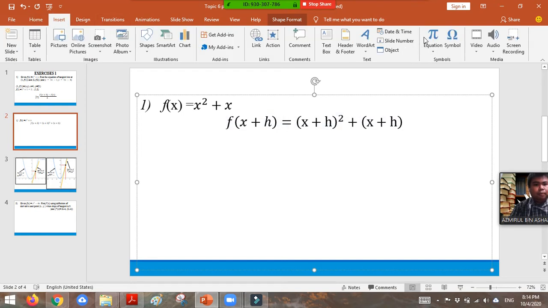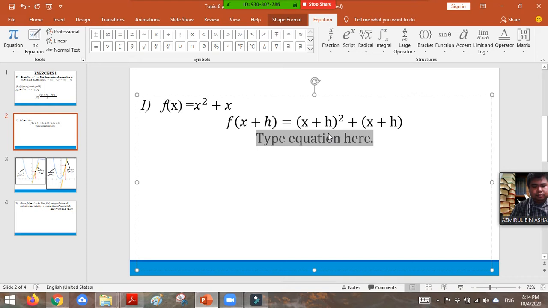And after that, I open the bracket. How do I open the bracket? First, you can see (x plus h) power of 2. To open this bracket, it becomes (x plus h) multiplied with (x plus h), because it's power of 2, so we have x plus h 2 times, 2 kali.